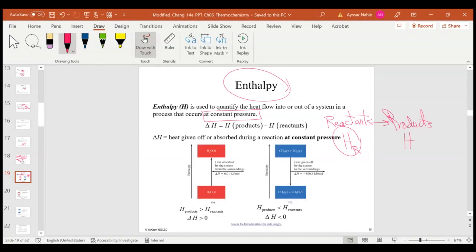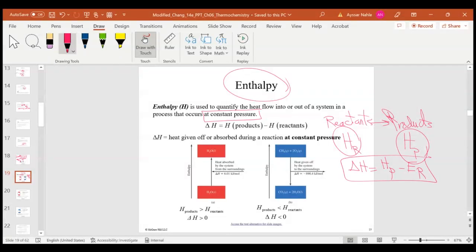The product will have enthalpy of the product P. All right. Now, how much energy? What will be the delta H here? It will be equal to the enthalpy of the product minus the enthalpy of the reactant.